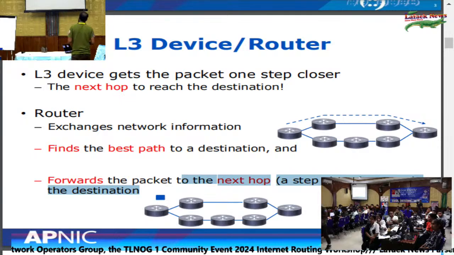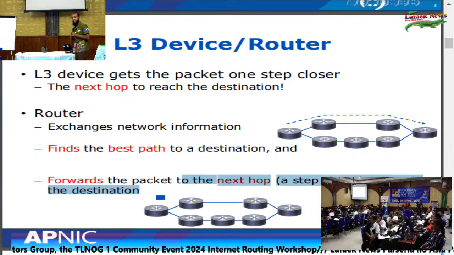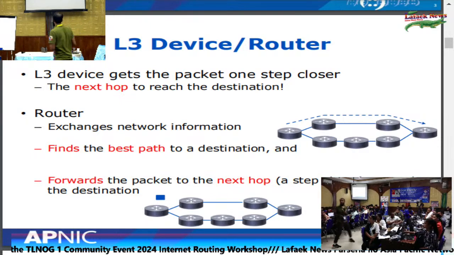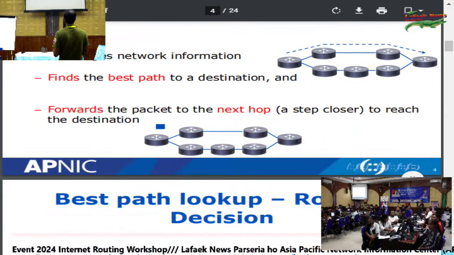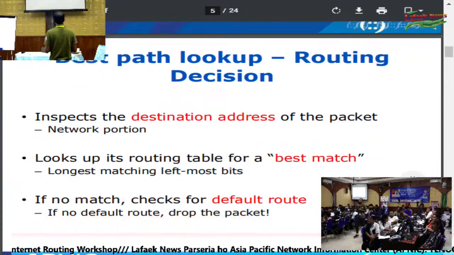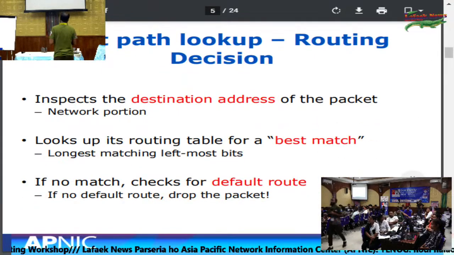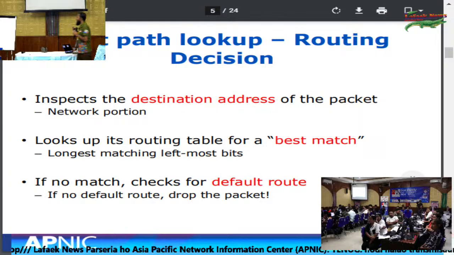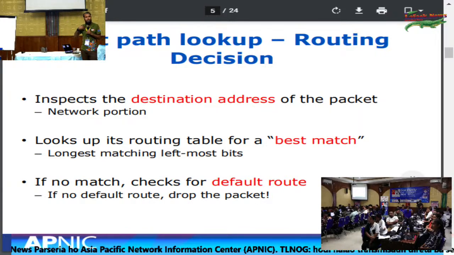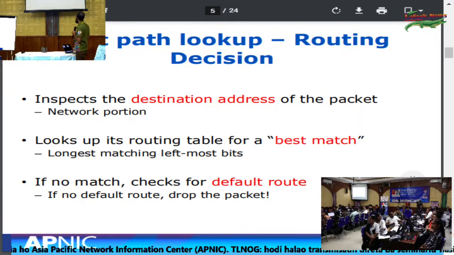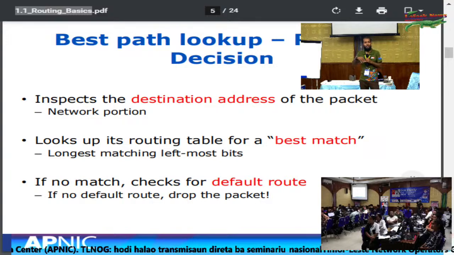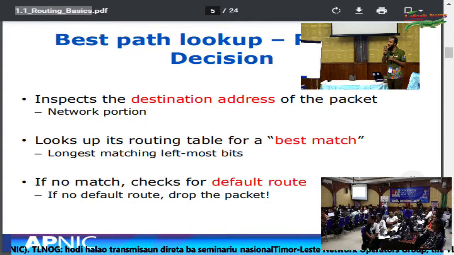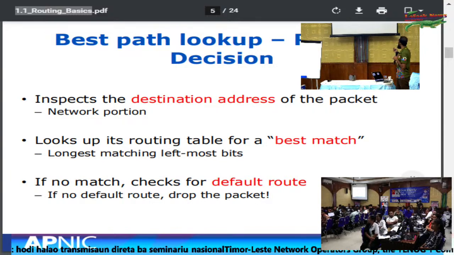Best path lookup: how does a router find the best path? It checks the destination address of the packet, when this is the last task. So when a packet comes to me, remember my previous slide, the IP header has the IP address, the destination address. So the router will focus on that part, this green part.